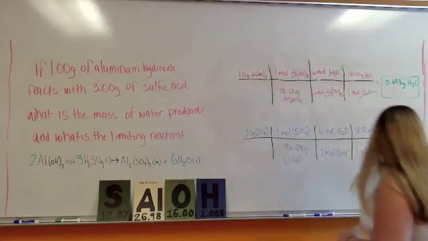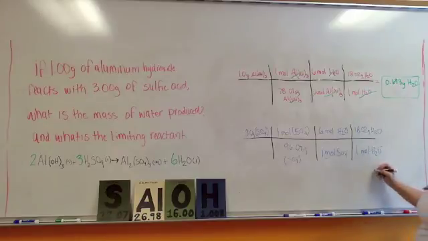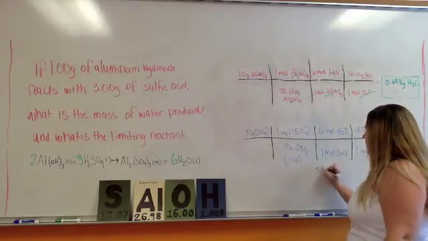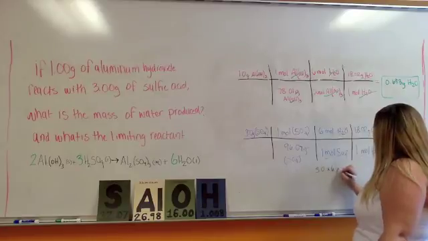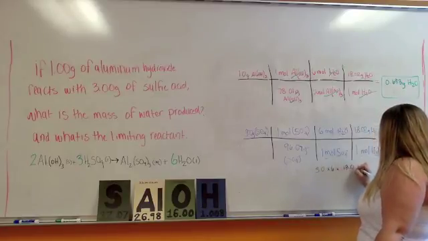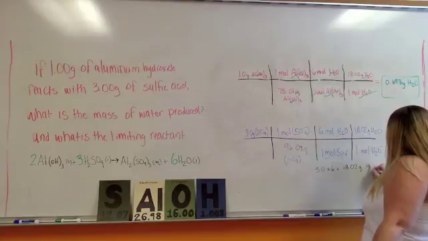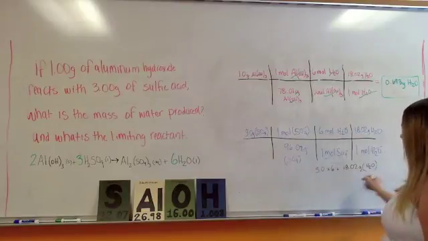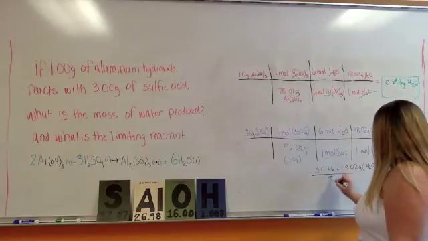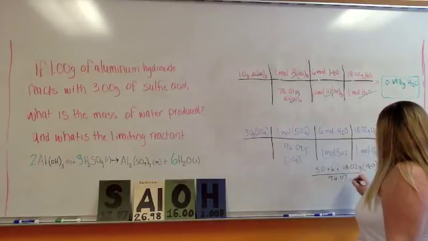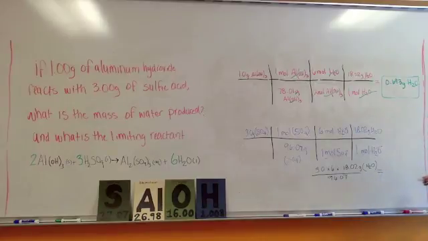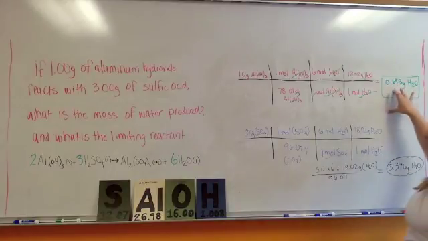Now leave this with our numbers. And then from here, we would just write 3 times 6 times 18.02 grams H2O, which you can leave because that's what we're looking for, divided by 96.07. And that is going to give us 3.376 grams of water. So because aluminum hydroxide gave less, this is going to be our limiting reactant.